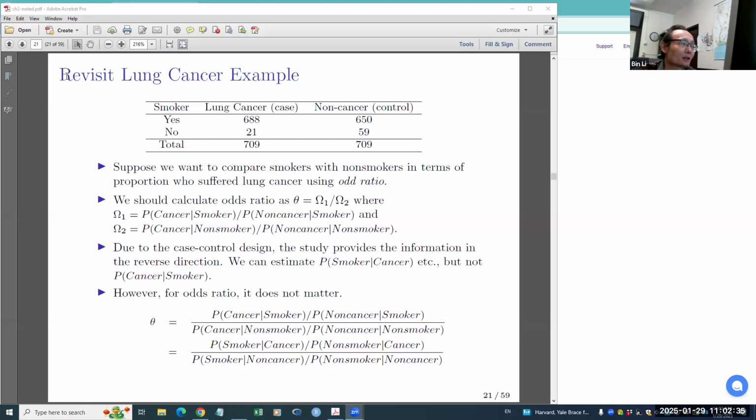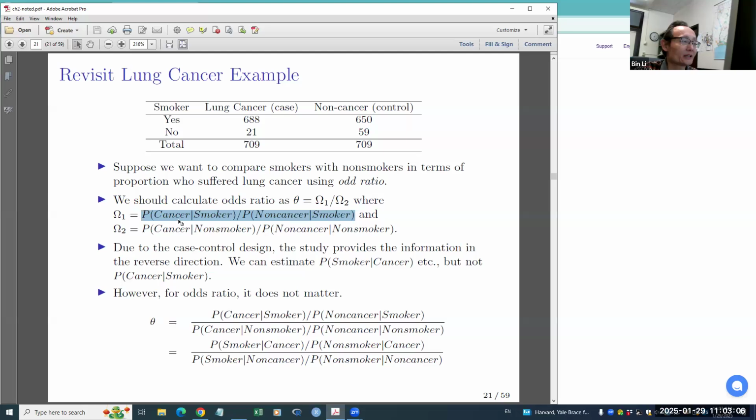Okay, now let's revisit the lung cancer example. Suppose we want to compare the smokers with non-smokers in terms of the proportion who suffered from lung cancer using the odds ratio. The odds of getting lung cancer among the smoker group is defined by this, right?